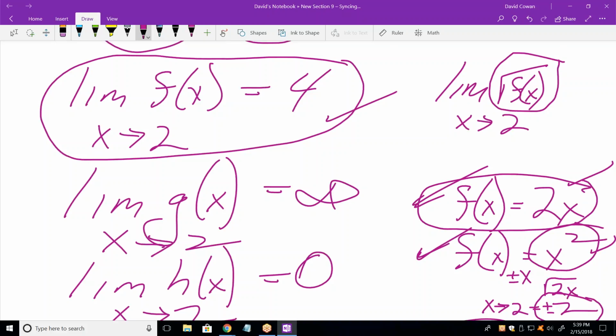I don't think it's clear. If f of x were x squared, then the limit as x went to 2 would still be 4, correct? Yep. So the fact that we know that the limit is 4 doesn't help us. Either one of these could be correct, and in fact, I might be able to find a lot of other answers.